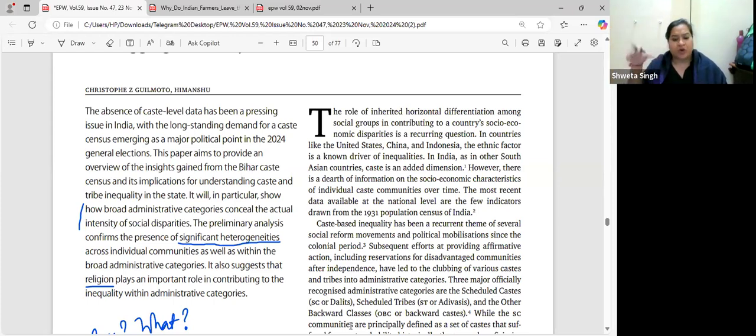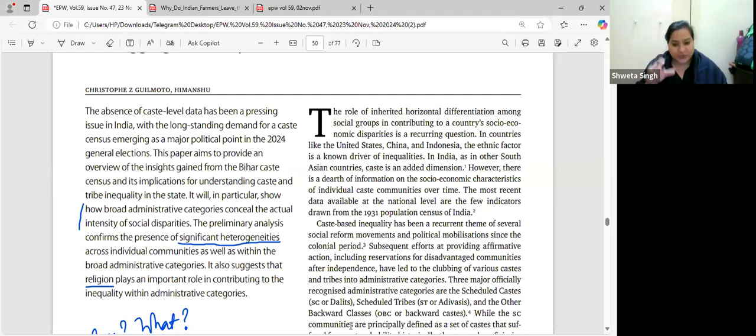So when we create a broader category, sometimes the minuscule details may go missing, and certain disparities and dimensions do not get addressed. This is a very reflective statement, not required for note making, but for personal use. Yes, this is an insight I have to keep in mind when I'm reading things later.